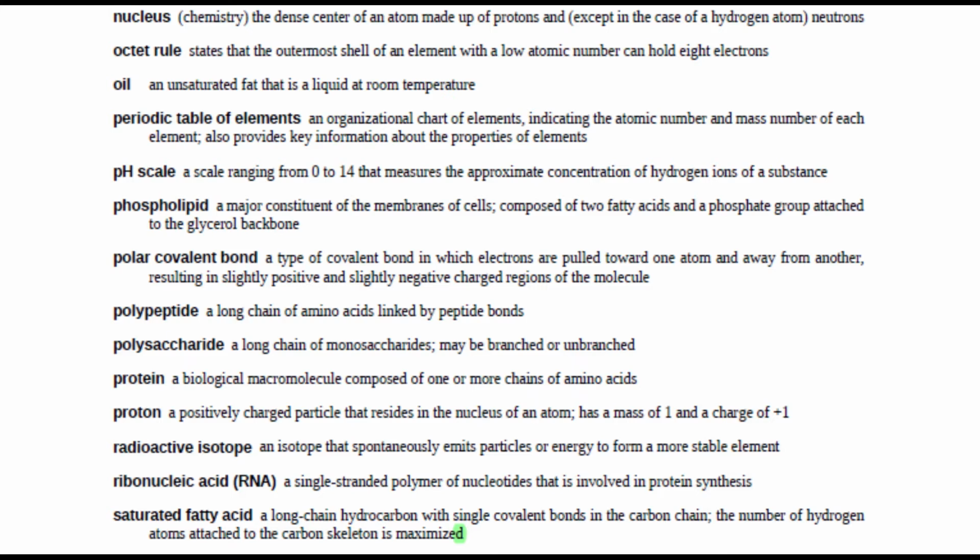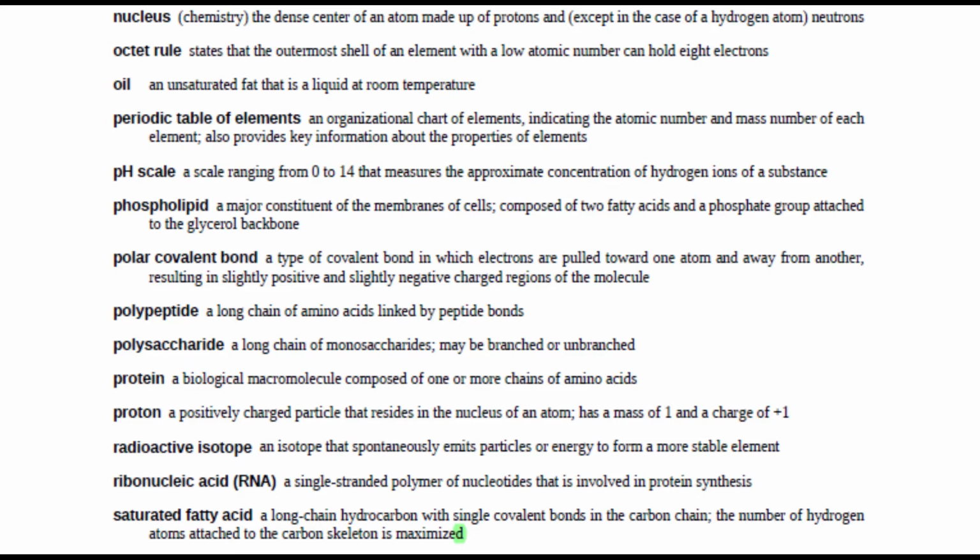Periodic table of elements, an organizational chart of elements indicating the atomic number and mass number of each element, also provides key information about the properties of elements. pH scale, a scale ranging from 0 to 14 that measures the approximate concentration of hydrogen ions of a substance.